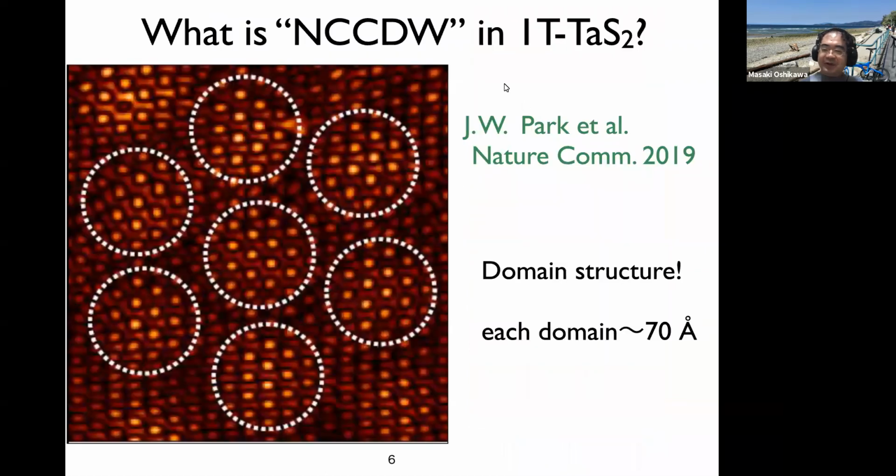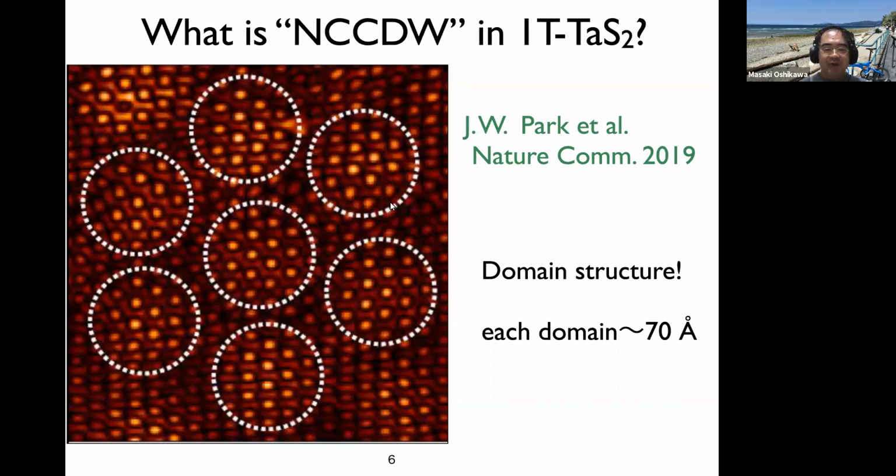Until recently, it was not very clear, but last year, this is a paper from a POSTECH group in Korea. They measured this NCCDW phase by STM. And in this nearly commensurate CDW phase, they found a clear domain structure like this.